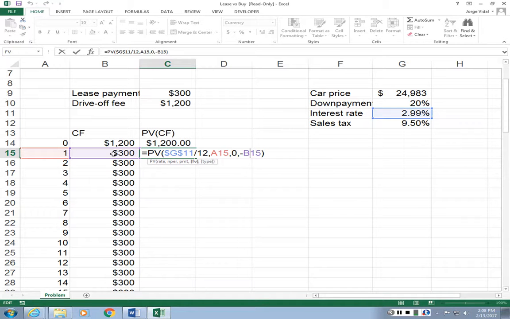Now, I'm going to do something here, make an adjustment. I'm going to put comma 1, and then put a 1. And the reason for that is, when you make lease payments, you make them at the beginning of the period. The drive-off fee is paid today, and then you start making lease payments 1 month from that period. So it's always at the beginning, so I'll make that 1.